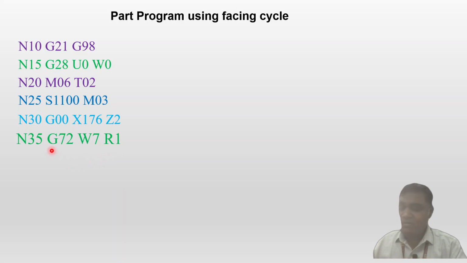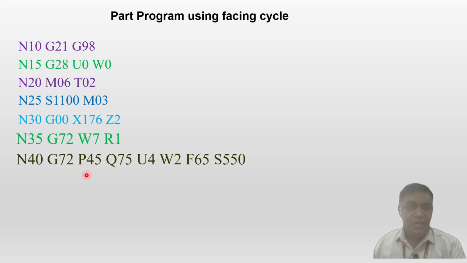Now you can write the facing cycle. The first block is G72 W7 R1. Here the depth of cut each time is 7 and the tool retract is 1. The second block is G72 P45 Q75, where P45 is the start block number and Q75 is the end block number; in between, the machining takes place.